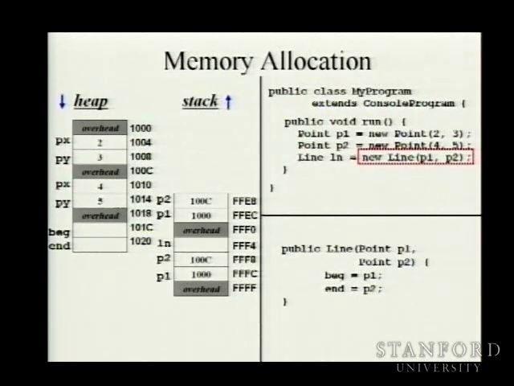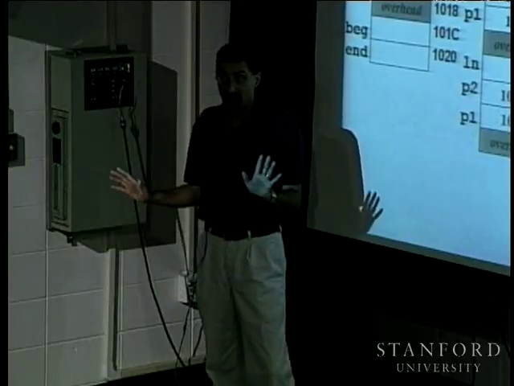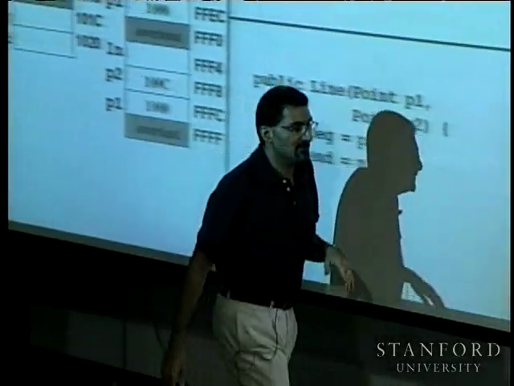P1 and P2. What are P1 and P2? They're pointers. They're just values that happen to be memory addresses. So what I do is I pass a copy of the address 1,000 and a copy of the address 1,000 in C. And I don't create new versions of P1 and P2. All I do is I pass copies of their addresses. Okay, are we clear on that? That's the critical concept here.